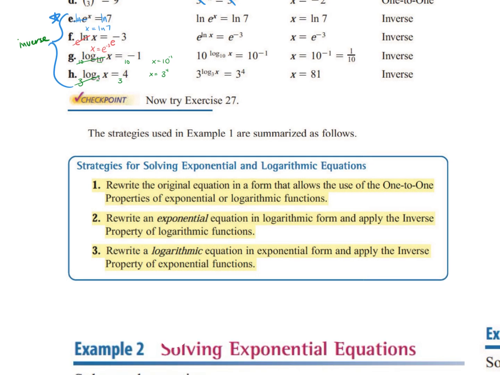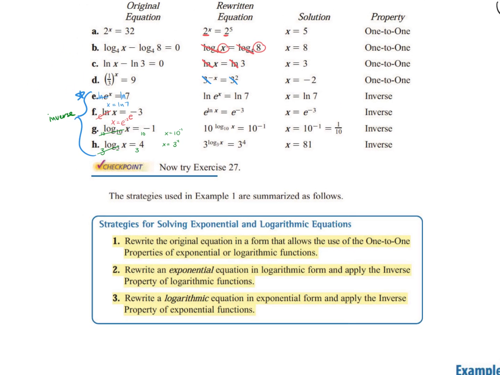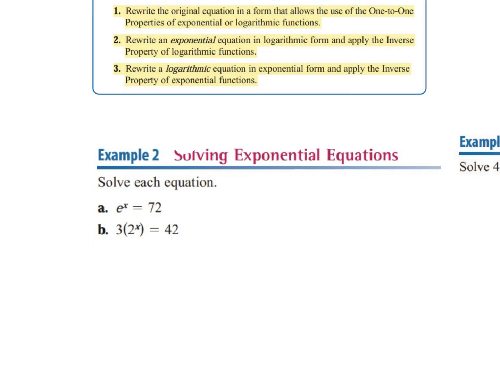It says rewrite the original equation in a form that allows you to use the one-to-one property. So if you can use the one-to-one where you get a log equals a log, or the bases to be the same, that's what you'd want to do first. Then if that doesn't work, you'd rewrite an exponential equation in log form and apply the inverse property, or you'd rewrite a log equation into exponential form. So we do the inverse.